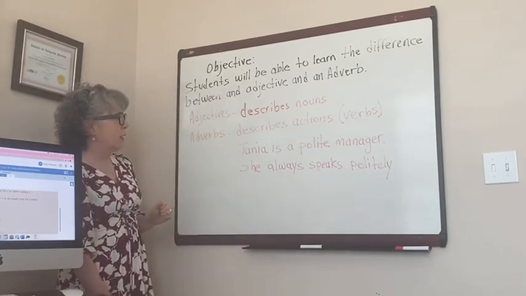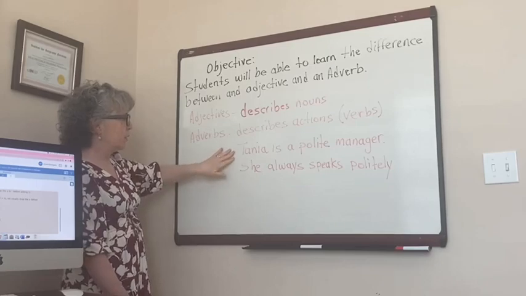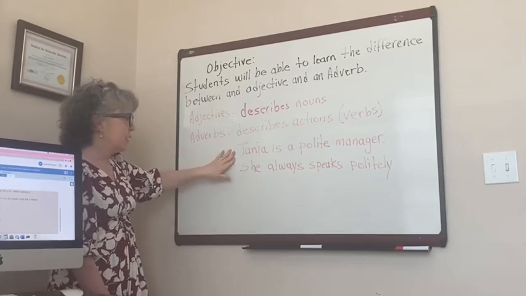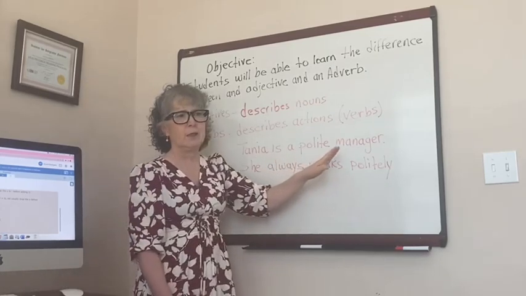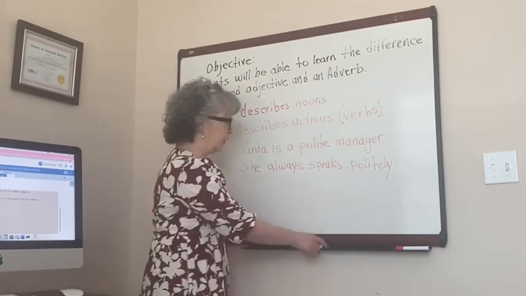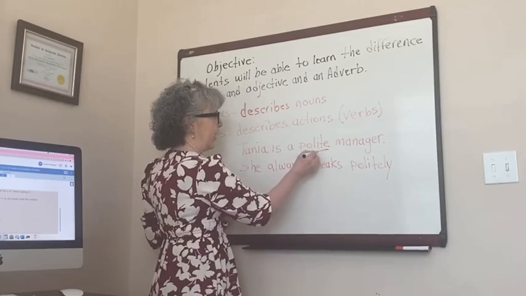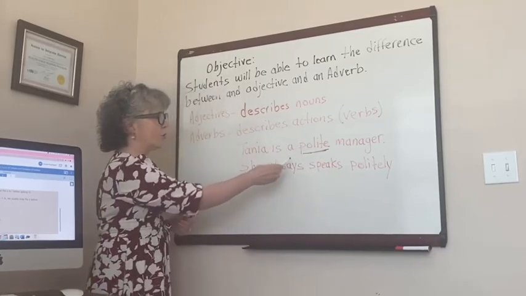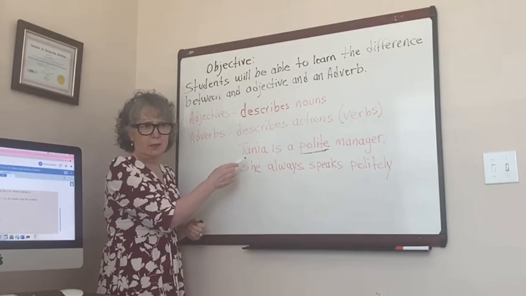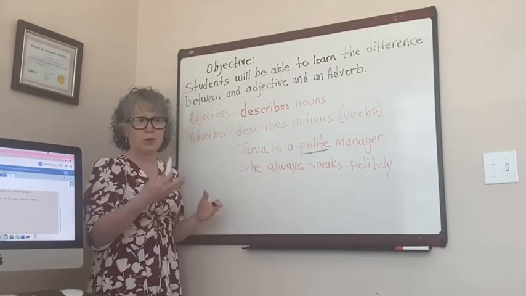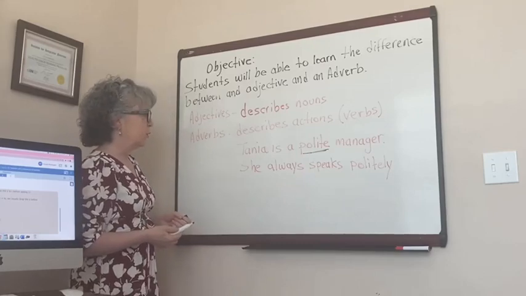So we have an example here. Look at this example about Tanya. Tanya is a polite manager. Right here, polite is the adjective. It is describing how Tanya is. She's a polite person. She's a polite manager. Okay?